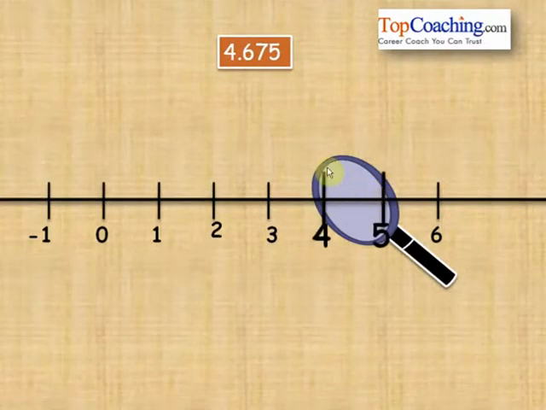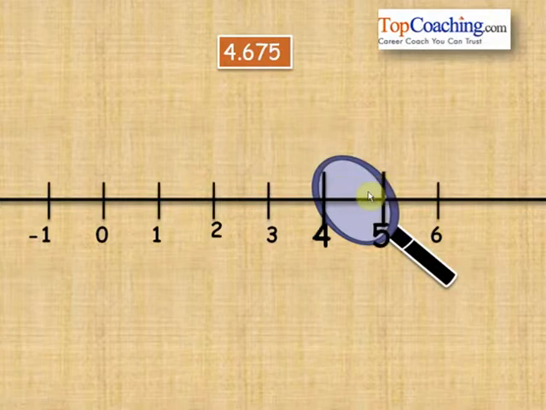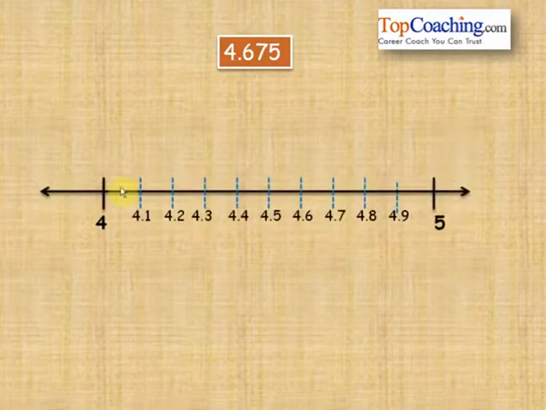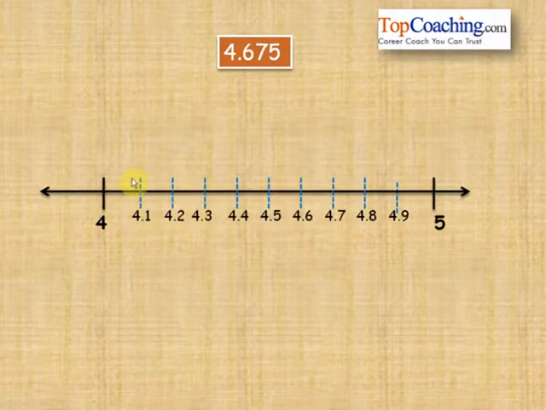Now what we do next is we divide this entire portion between 4 and 5 into 10 equal parts. So this is 4.1, this is 4.2, this is 4.3, this is 4.4, this is 4.5, this is 4.6, this is 4.7, this is 4.8 and this is 4.9, and finally this is 5.